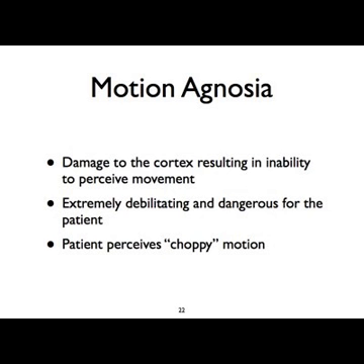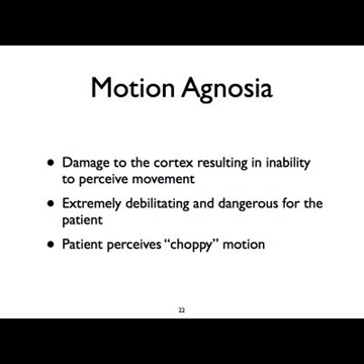All right. What happens if you damage area MT? So we've been talking about this brain region that's sensitive to motion. So presumably, if you can damage it, right, and lose motion perception. It turns out that this is in fact the case, that it happens in some small proportion of people.